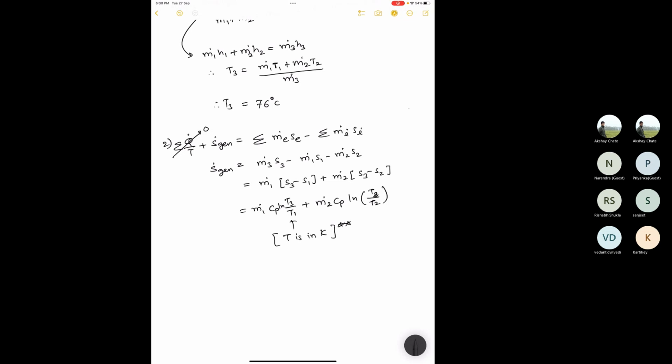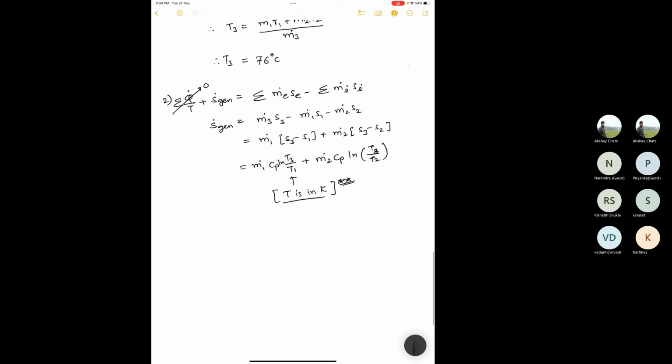This is a very casual mistake that you can make. If you do these calculations by taking Cp as 4.186 kilojoule per kg Kelvin, you'll get the first term as 1.82 minus 1.66. So basically 0.16 kilojoule per Kelvin.